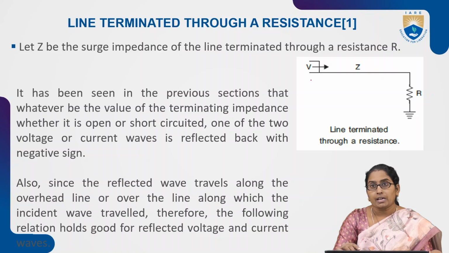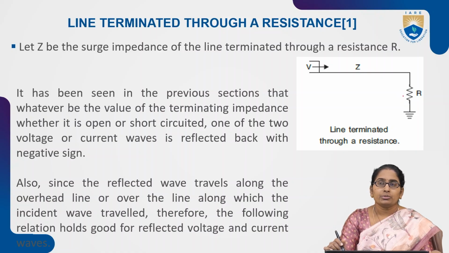This is a transmission line whose input, sending end voltage is V. We also know that the line has its natural impedance, the ratio of voltage to current, which gives the transmission line impedance Z. And at the receiving side, the transmission line is terminated with a resistance value capital R. So this is the case.